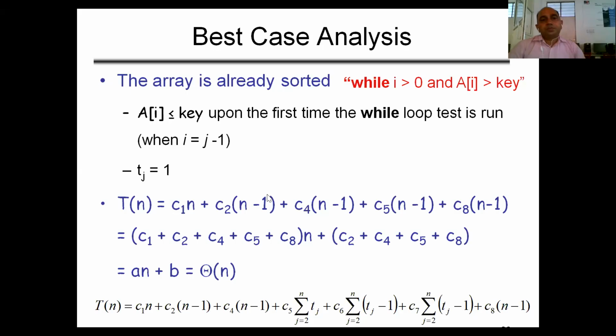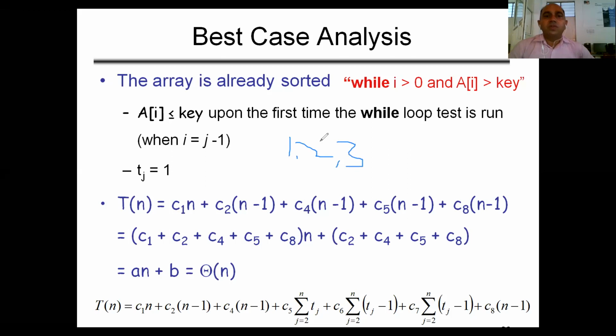For example, if all keys are already sorted, suppose for example 1, 2, 3. Suppose my keys are 1, 2, 3, already sorted. In this case, the condition of the while loop will execute only one time, because we are comparing 2 with 1. So only one comparison will be made.